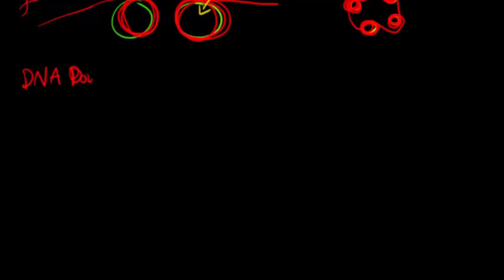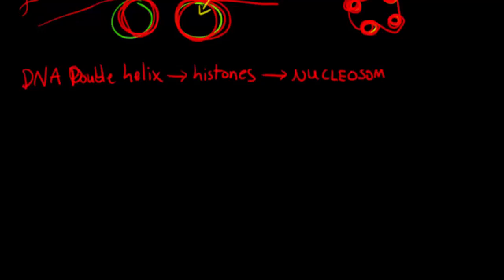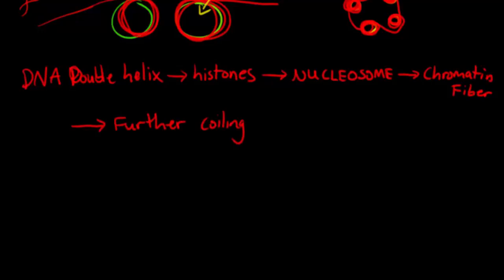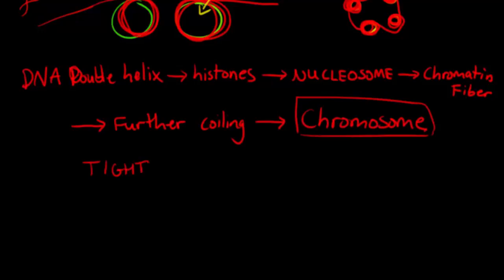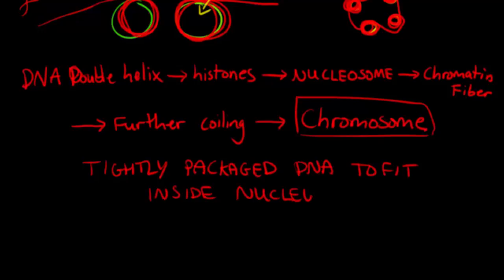So the DNA double helix wraps around the histone proteins, which form into a nucleosome, which further coil into chromatin fiber. The chromatin fiber then undergoes more coiling and eventually is formed into a chromosome. And this is how DNA is tightly packaged in the nucleus of eukaryotic cells.